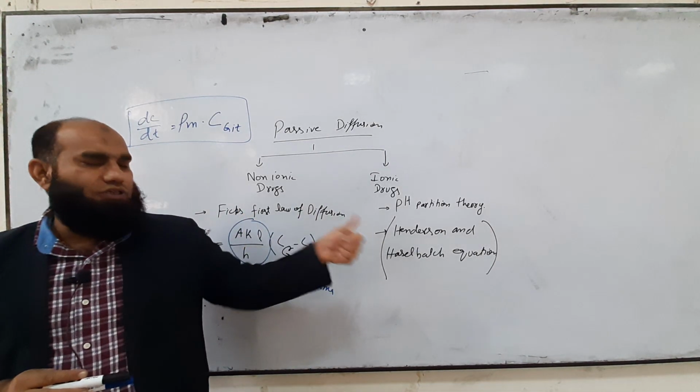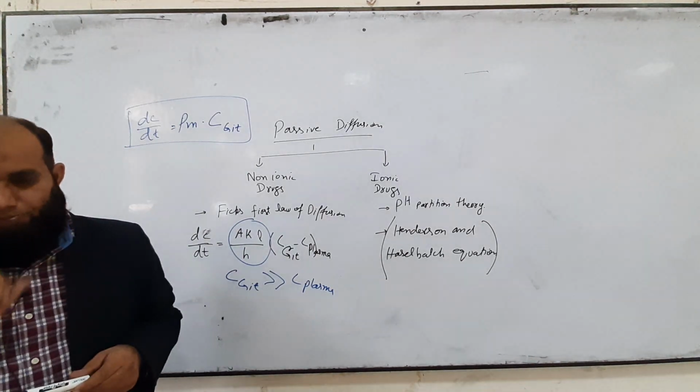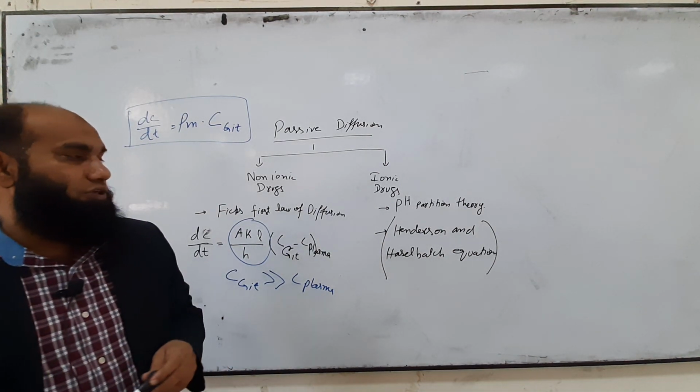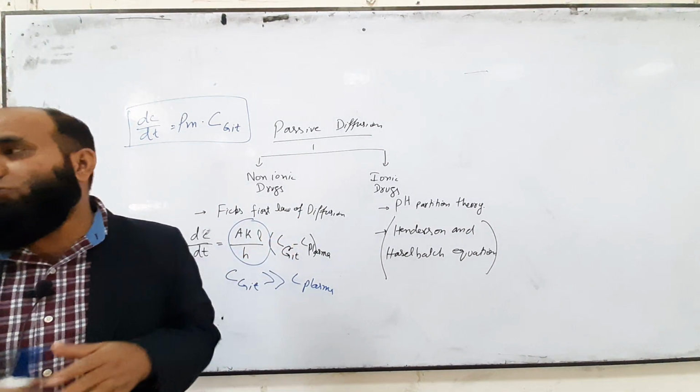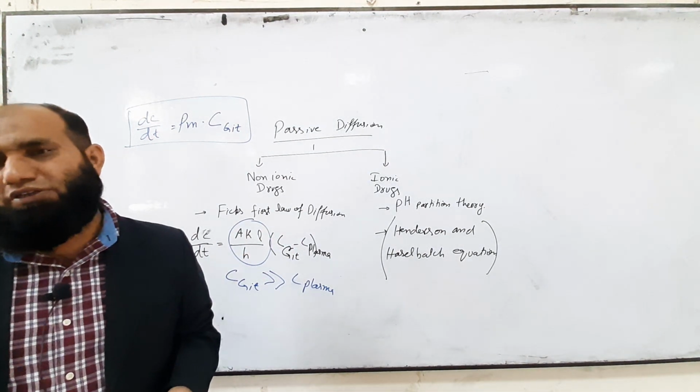This interrelationship is called the pH partition theory. In the pH partition theory, we assume there are two basic classes, weakly acidic and weakly basic.